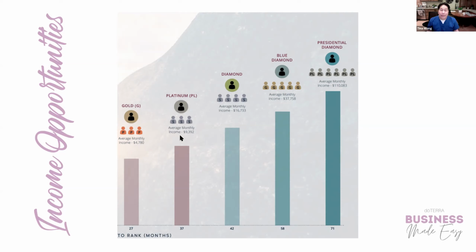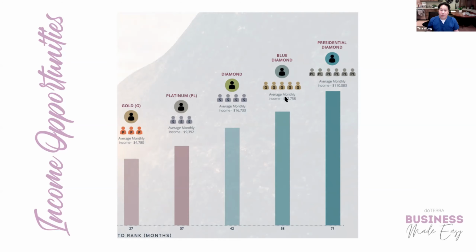And once you get beyond that, platinum, diamond, blue diamond, presidential diamond, and then you can rinse and repeat and start again and earn multiple levels of presidential diamond. These are real numbers. Diamonds are getting $16,000 a month on average. Now, the first month you may not get there, but as you build your team, you will get there monthly.